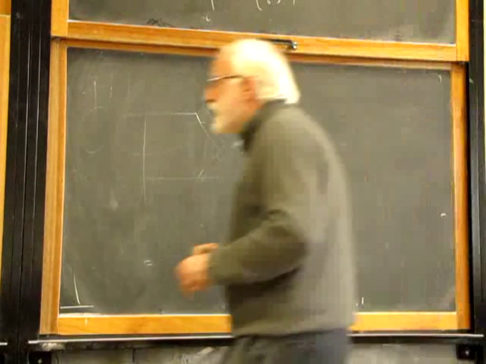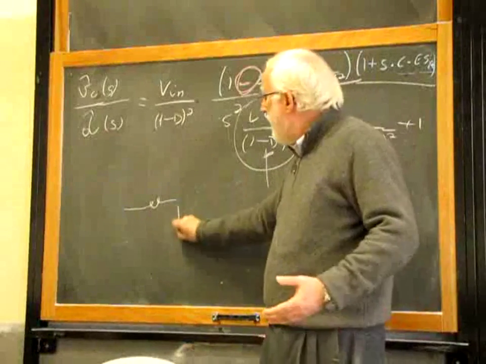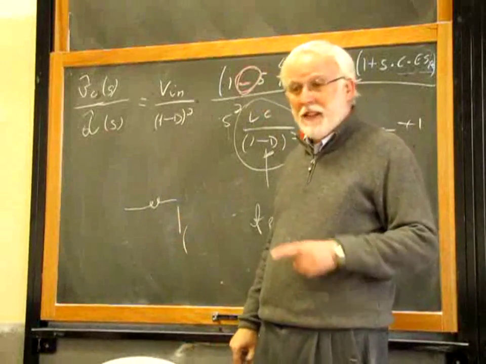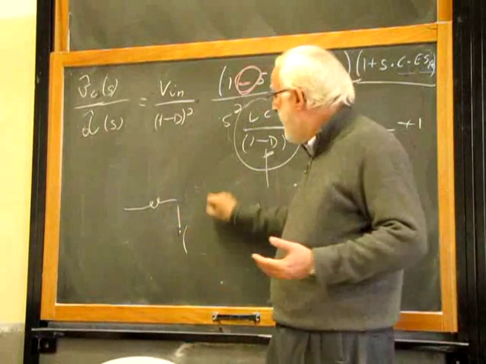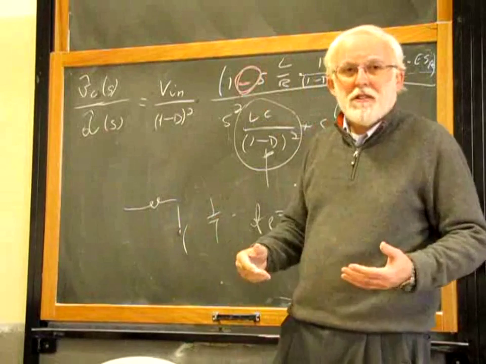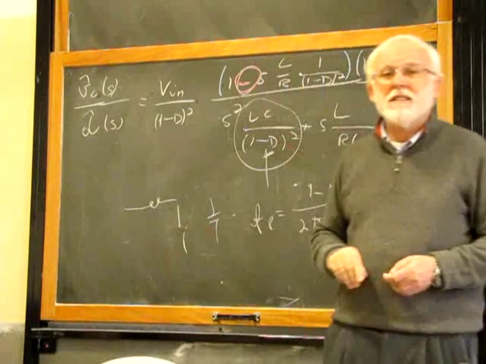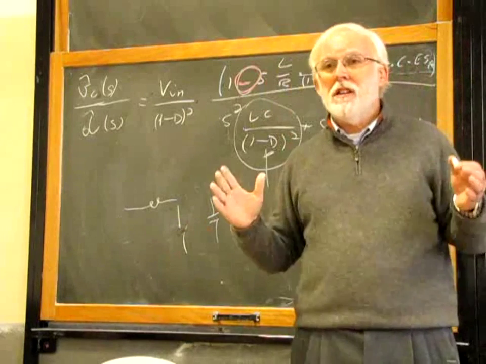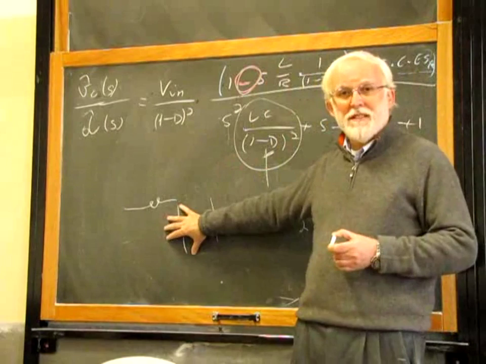Even if in your circuit you have an inductor, you don't need to average an inductor. An inductor is an inductor. You need to average a switch. That is the troublemaker, not an inductor or a capacitor. A capacitor is a capacitor. It's not changing in time. What changes in time are switches. So next time, instead of solving all these differential equations, we will solve only the equation for switches.